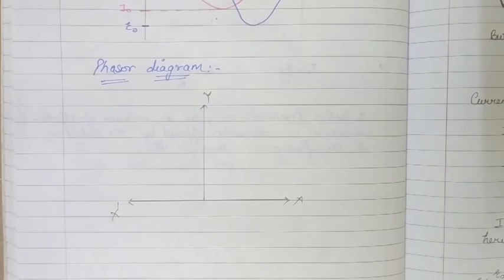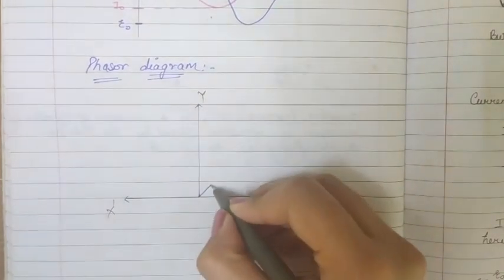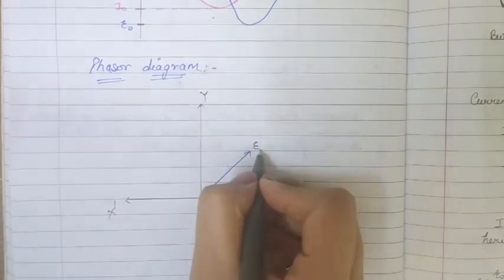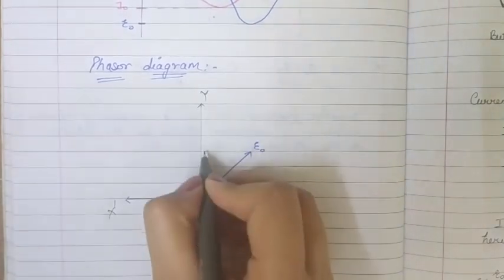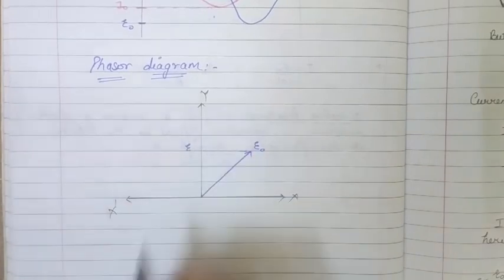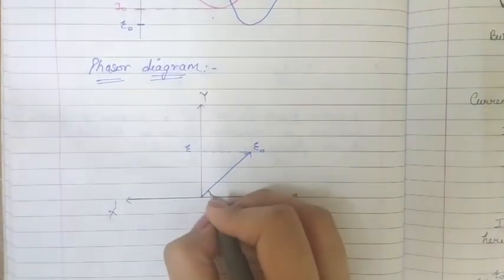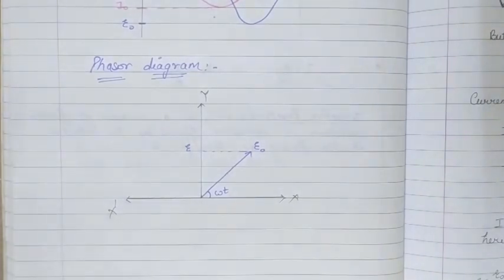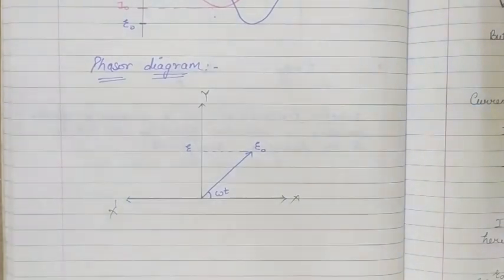First we are talking about EMF. Suppose this is the rotating vector for EMF. It has its peak value epsilon naught here. Its projection is epsilon, and the angle it makes with the axis is omega t, because epsilon is equal to epsilon naught sin omega t.